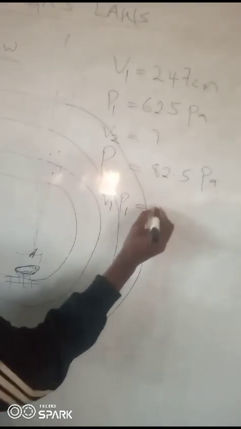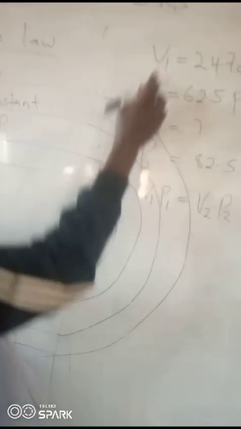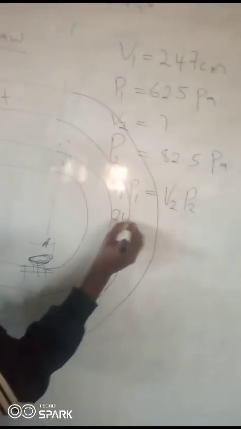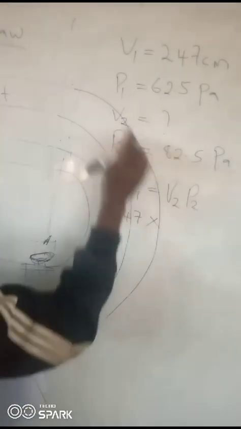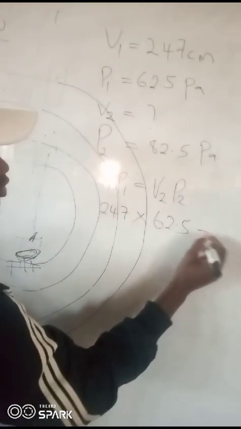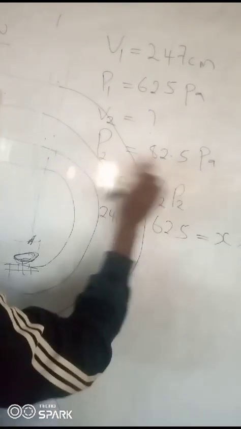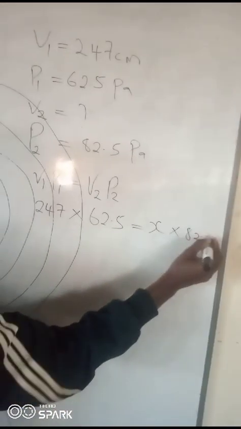So through this expression we say that V1 P1 is equal to V2 P2. Now we have our V1, which is 247, multiplied by P1, which is 62.5, equals V2, which we don't know, let's call it X, multiplied by 82.5.